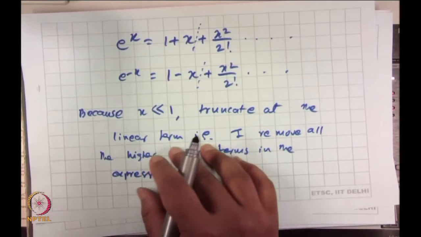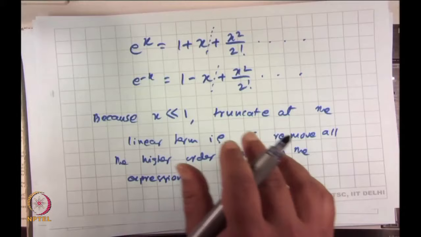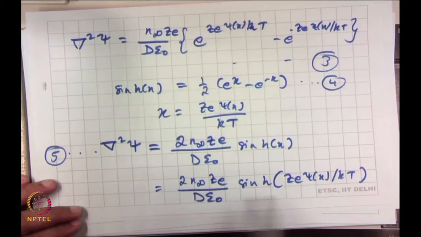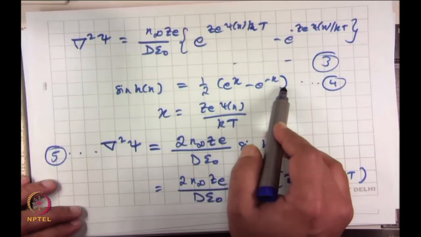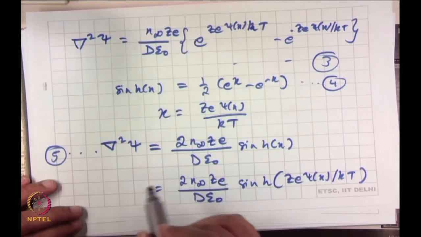Okay. Now, go back to your original expression, what we started with. This was your non-linear Poisson-Boltzmann equation. What did you have? This was sinh, which was half e to the power x minus e to the power minus x. Now, you have made the assumption that x is very small, right. So, what will this boil down to?